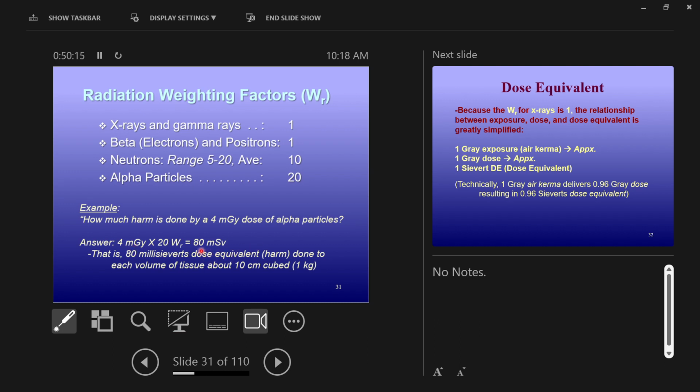Milli meaning 1/1000th, so 4 thousandths of a gray multiplied by the number 20 becomes 80, and the unit switches from gray to sievert, okay? If you see a unit expressed in sieverts, you're being told here's how much harm was caused, 80 millisieverts worth of harm, okay?